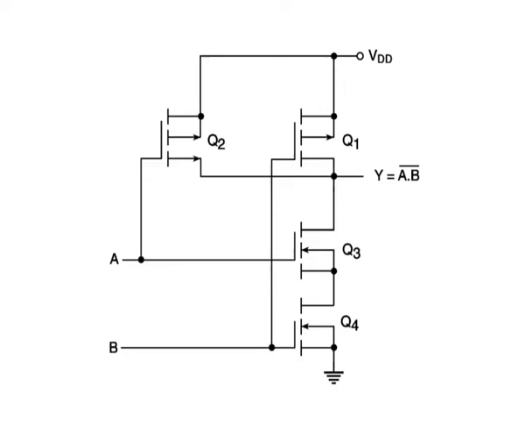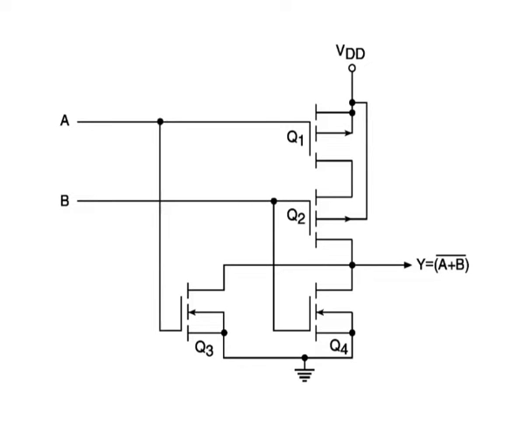The output in both cases is a logic 1, which verifies the remaining entries of the truth table. From the circuit schematic, we can visualize that under no possible input combination of logic states is there a direct conduction path between VDD and ground. This further confirms that there is near zero power dissipation in CMOS gates under static conditions.